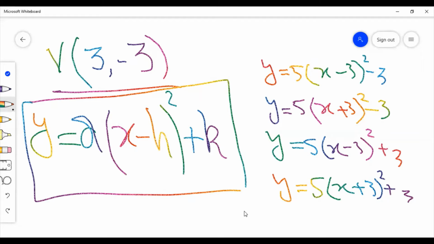So if you have this equation in your mind, from here we can say that this h and k is the vertex of the parabola.